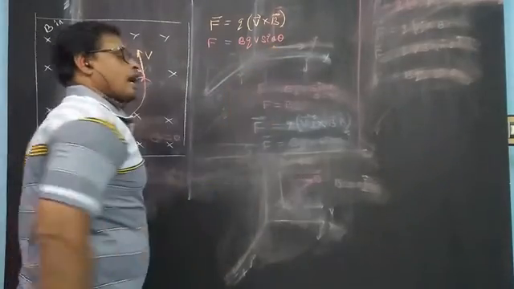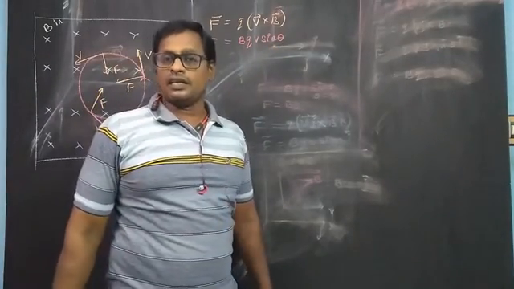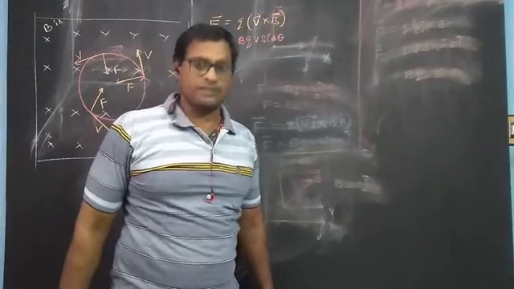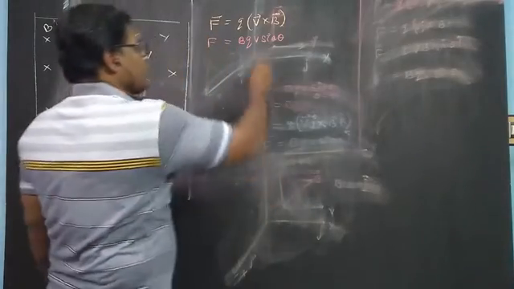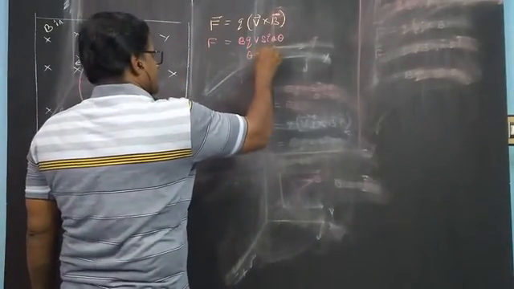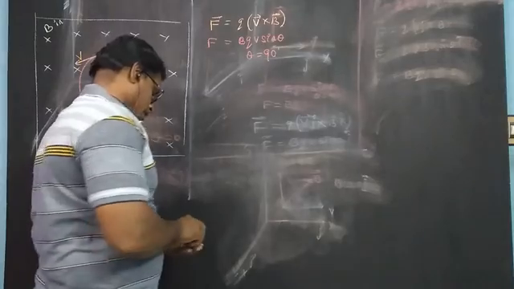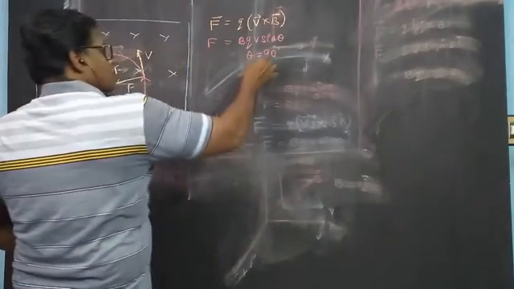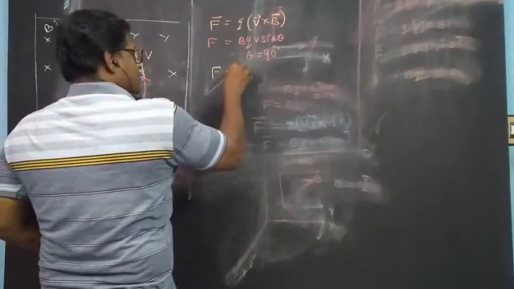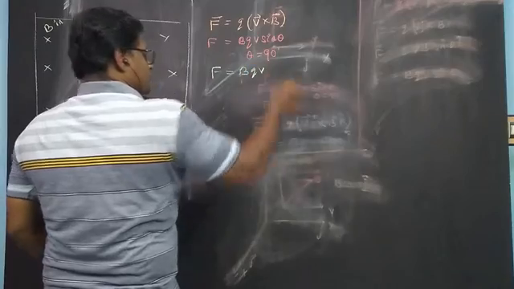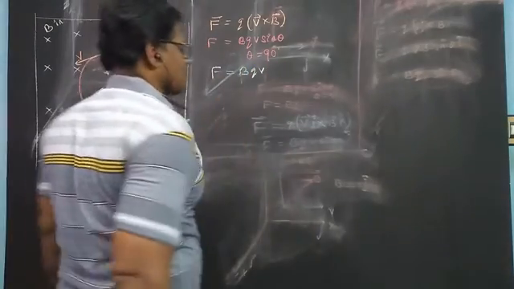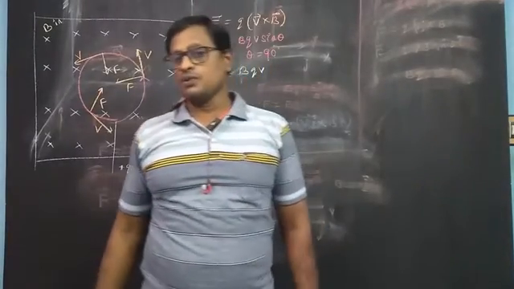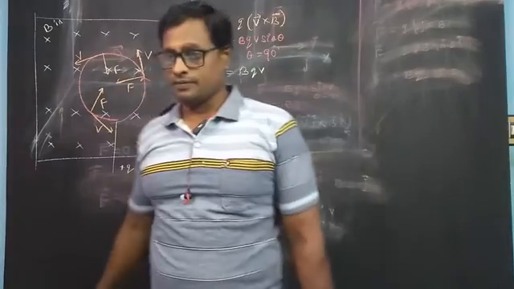Theta is the angle between the magnetic induction and the direction of the velocity. So theta is 90. Now we can write F is equal to BQV. This is the Lorentz force on a charged particle.